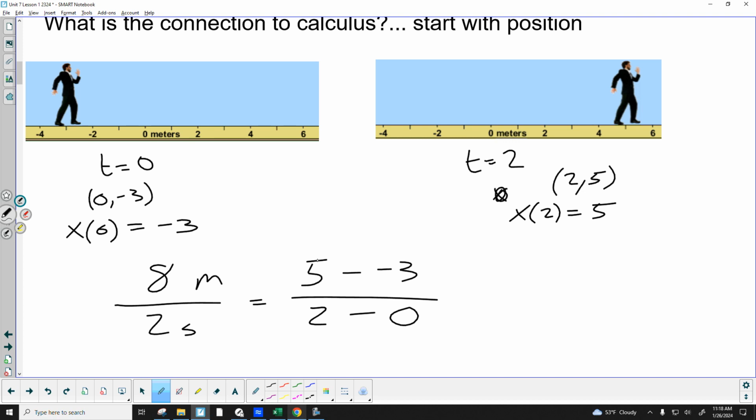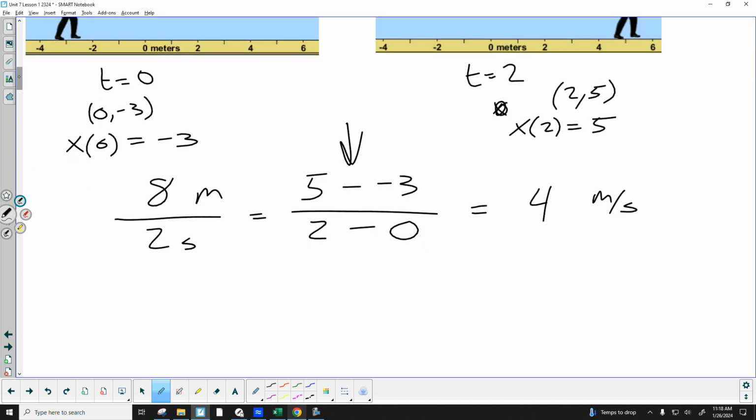What is this a form of? Tell your neighbors. Slope. Now, when you divide the two, you get this concept of meters per second, 4 meters per second. What is this? The slope of position, the average rate of change of position.